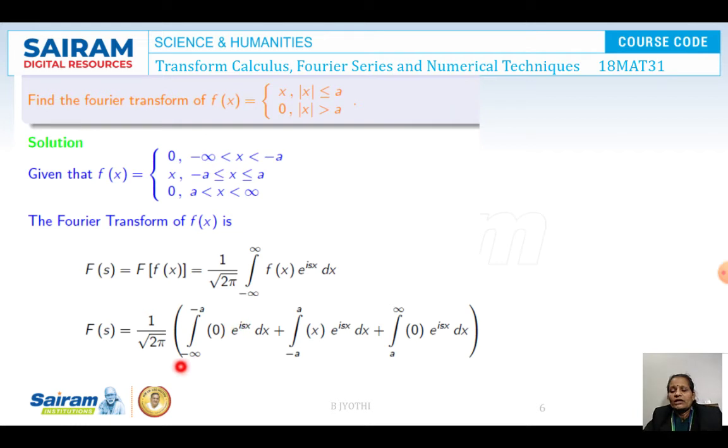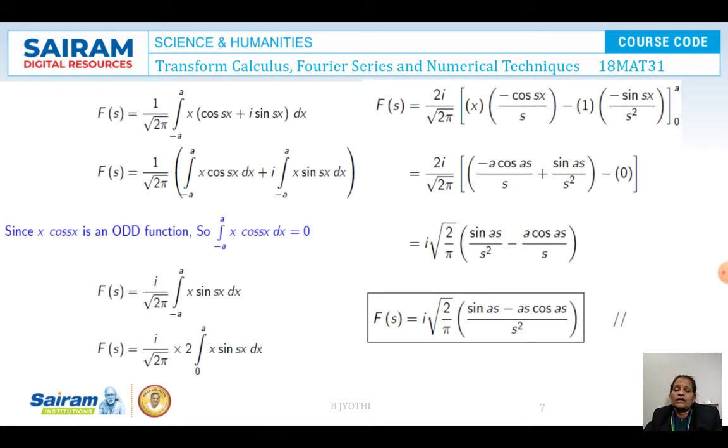Now, let us separate the interval minus infinity to plus infinity as minus infinity to minus a, there the function will be 0, minus a to plus a, the function is x, and a to plus infinity, there also the function is 0. So, except the middle term, both the first term and the last term will be 0.